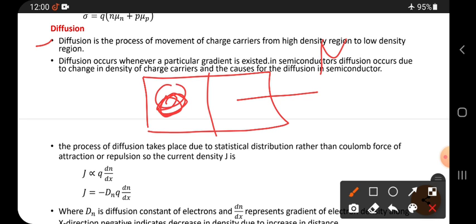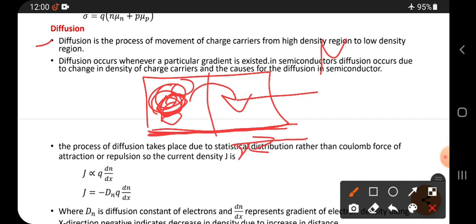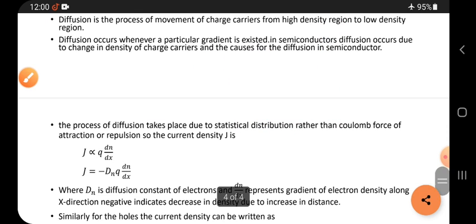Then the charge carriers from the highly doped region travel towards the lightly doped region, so they move in this direction. In this direction the distance increases, and when distance increases, density decreases. High concentration here, low concentration there. This process is generally called diffusion.